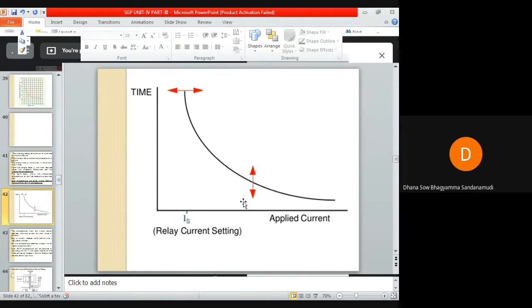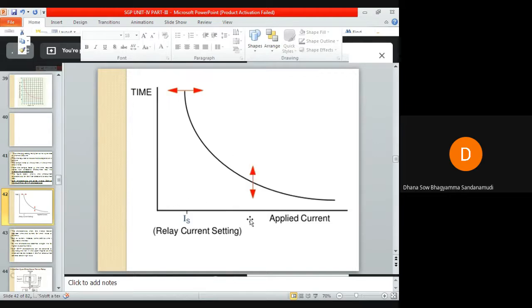This figure shows the time current characteristics of this non-directional overcurrent relay. The characteristics shown here are called inverse definite minimum time characteristics. These characteristics show the inverse relation between the time and the current for small values of current.